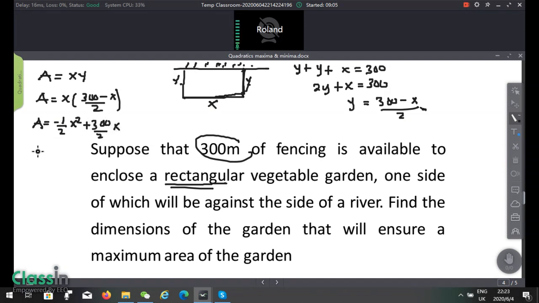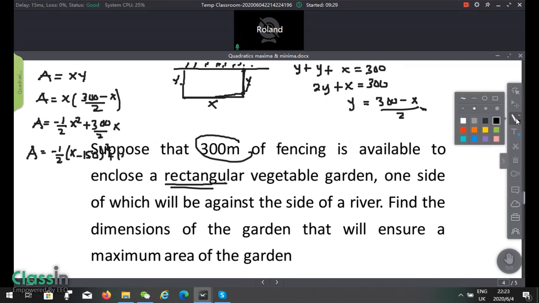If we complete the square, one more time, if you do not know how to complete a square, please check my videos on completing squares. If we complete the square, we have negative 1 over 2 x minus 150 all squared plus... let me write it properly. Create some space here.